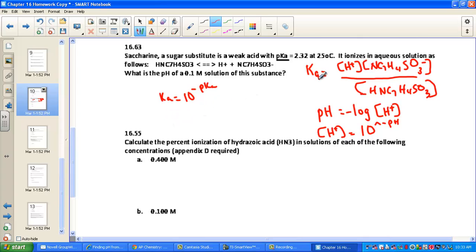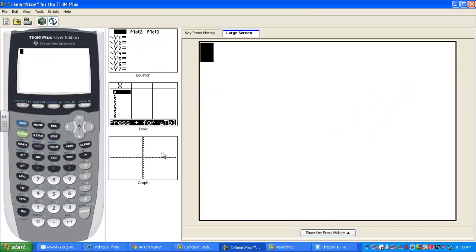So what we want to do first is get this Ka value, and then we can set up an ICE chart and start work to find that pH. So 10 raised to the negative 2.32, 10 raised to the negative pKa. Let's hit that on our calculator.